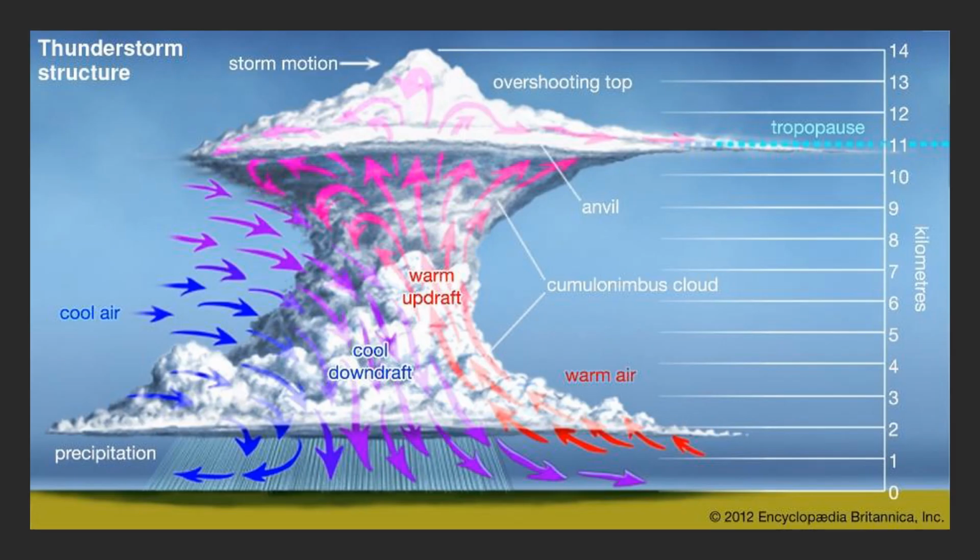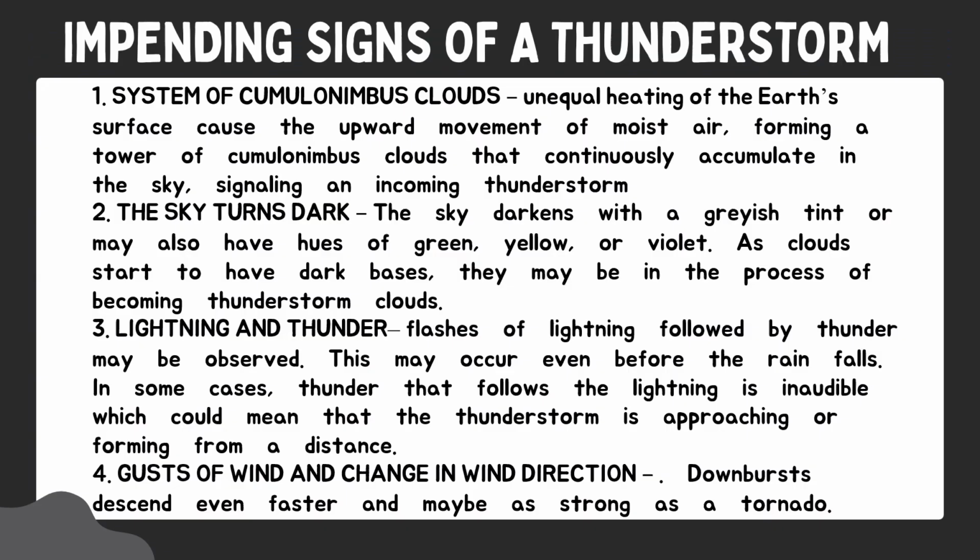Okay, so this is the thunderstorm structure as shown in the picture. Here there is a collision of warm updraft and cool downdraft air.